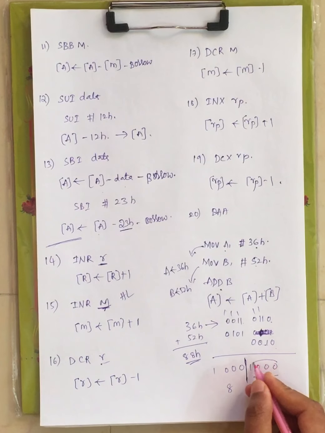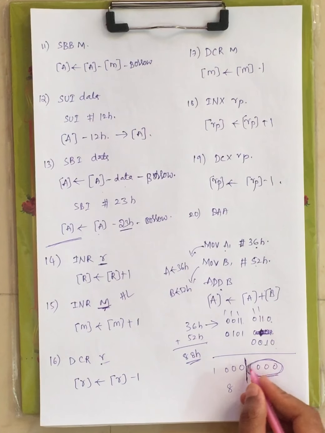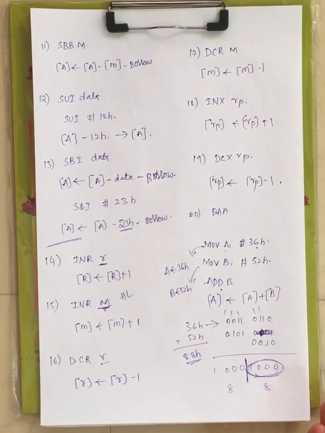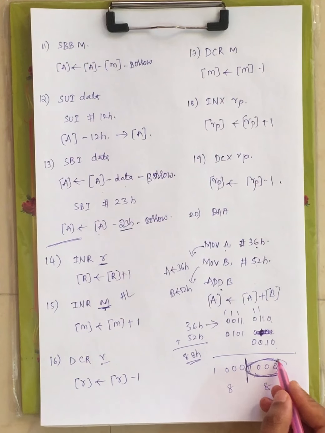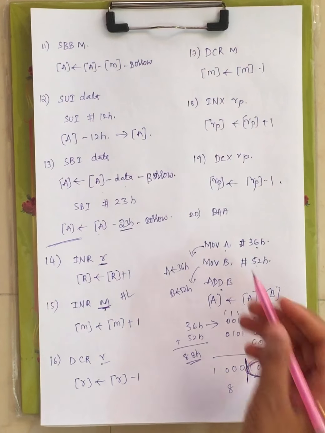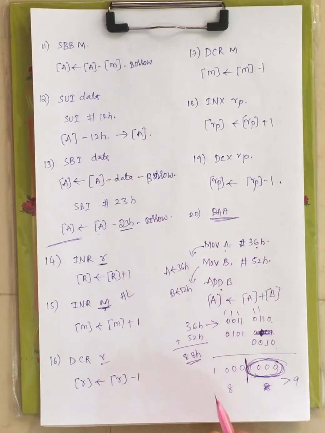Now here we are not getting a result greater than 9. If a particular lower order bit group is greater than 9 while doing an addition or subtraction operation, this instruction is executed.